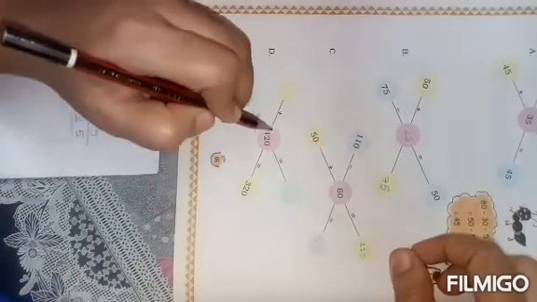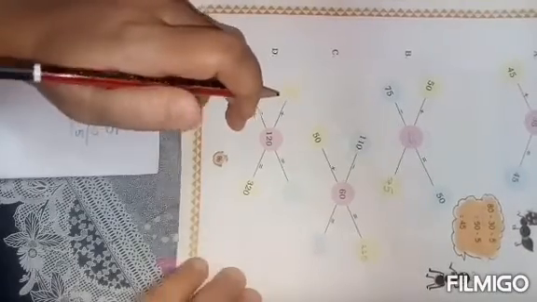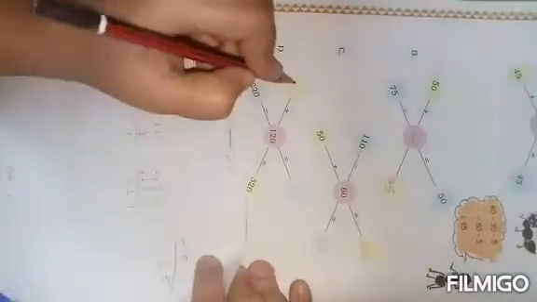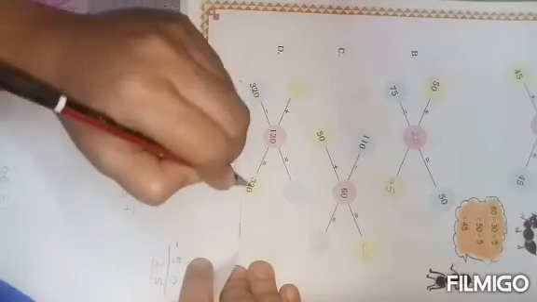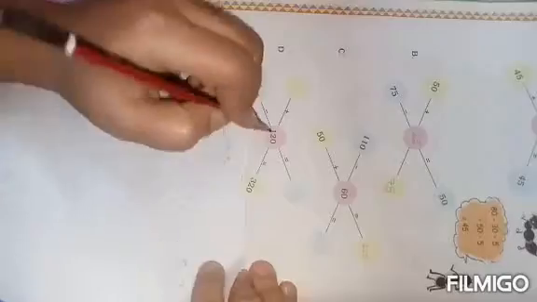Same way, some number plus 120, the answer is 320. Since the number here is not given, we are going to subtract these two numbers. We are having 320 and 120.